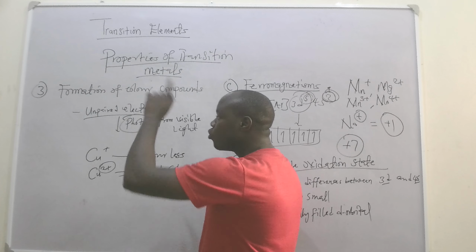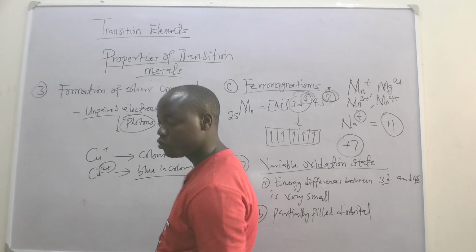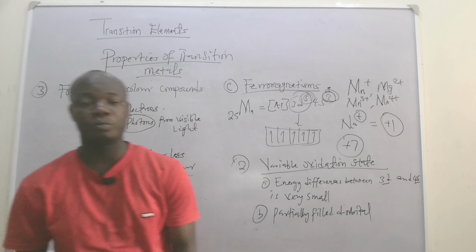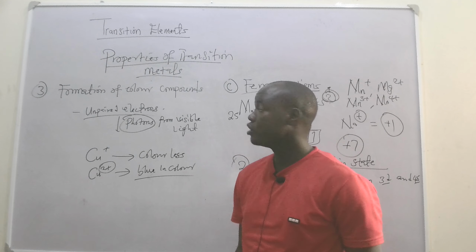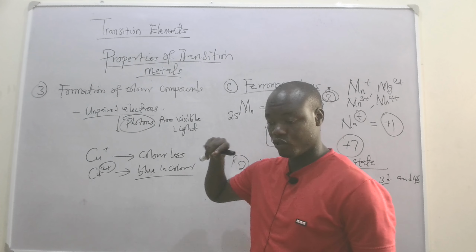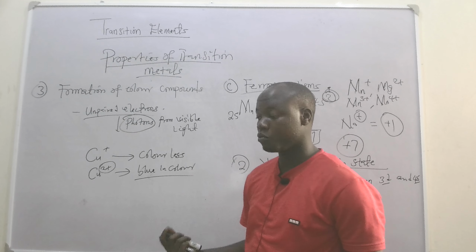So there is 1 unpaired electron, and that's what makes it appear blue in color. We have some of these metals like iron, brown in color, and all that, including the presence of unpaired electrons. So ladies and gentlemen, this is one of the other properties of transition elements, where they form color.